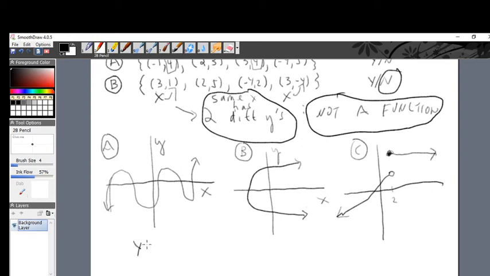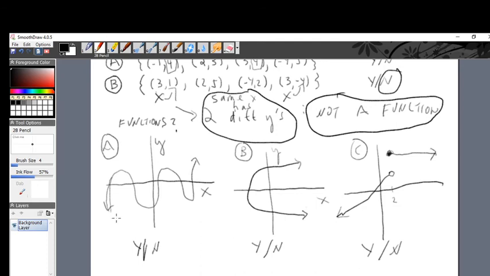Okay. So now, here comes the same question over again. Is this a function? Yes or no? That is the question for all three of these. Are they functions? Okay, so for all three of these cases, there's something called the vertical line test.